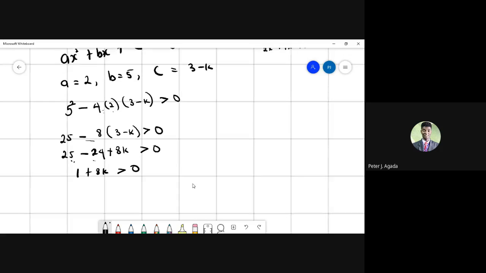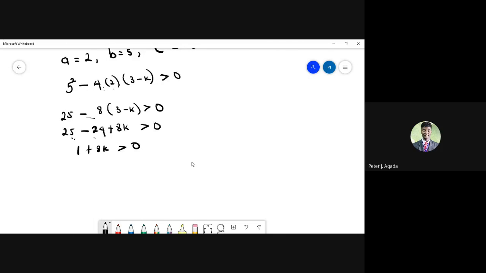If you continue to solve this equation, you realize I can move the 1 to the other side. So I have 8k, which is greater than 0, minus 1. So what is my value for k? 8k is greater than negative 1.